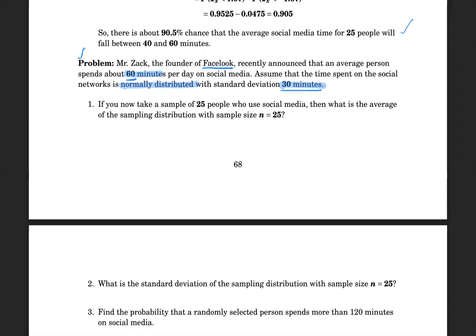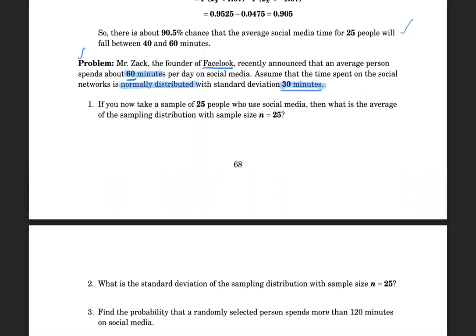Now let me walk through this problem, and along the process, I will be using just regular normal distribution, then I will be using sampling distribution and the central limit theorem, okay?